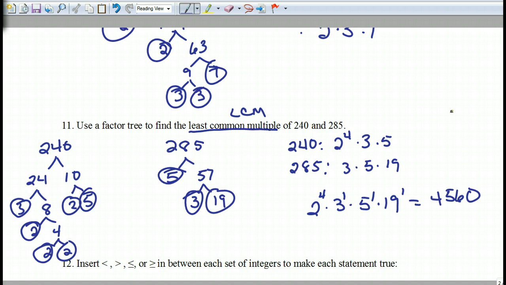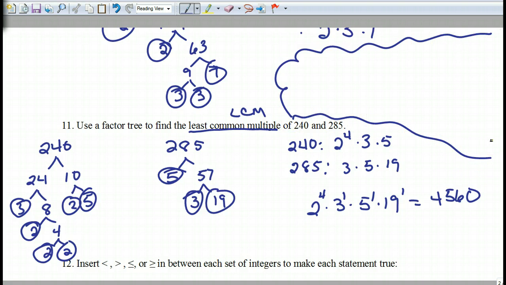I didn't think that this was a very good example of least common multiple, so I'm going to give you another one. Okay? So up in somewhere that you have some space, I want you to write down this example. Say I have a prime factorization of 2 times 2 times 3 times 3 times 3.